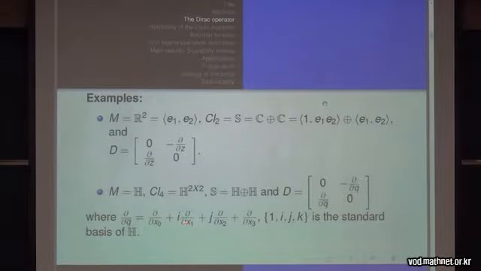The next is the 4-dimensional case, where M is the space of quaternions, and in this case the Clifford algebra is the 2x2 matrices, and S is given by the direct sum of two copies of H. And in this case, Dirac is given by D bar Q and D Q.